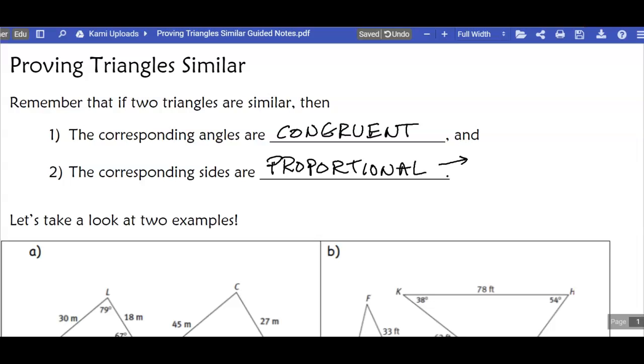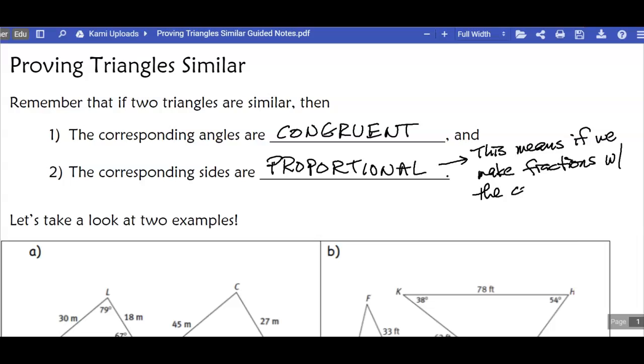And remember, when we say proportional, this means if we make fractions with the corresponding sides, the fractions will be equal.